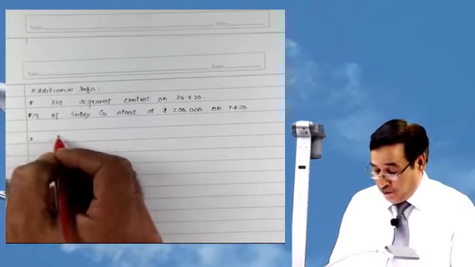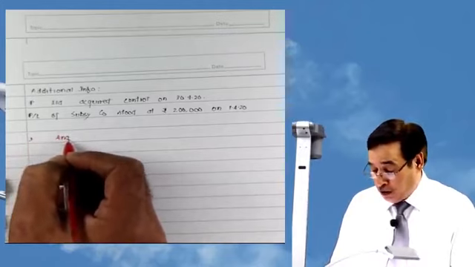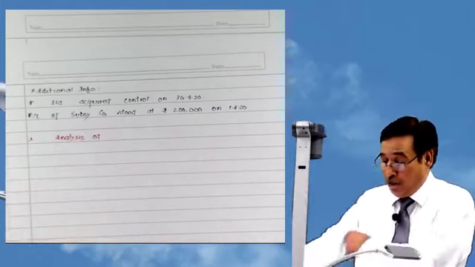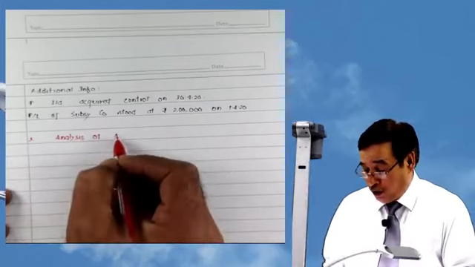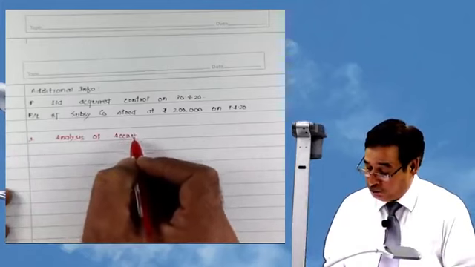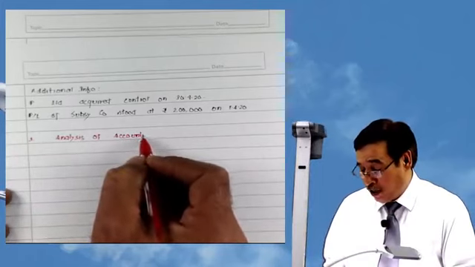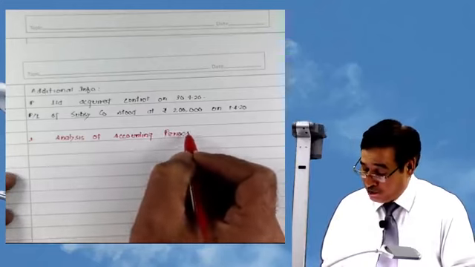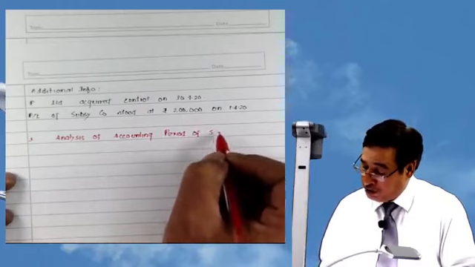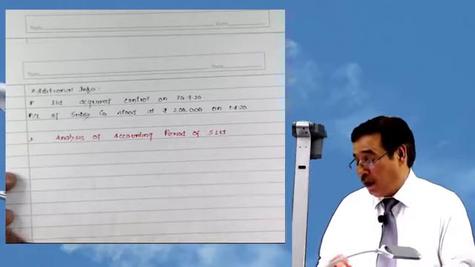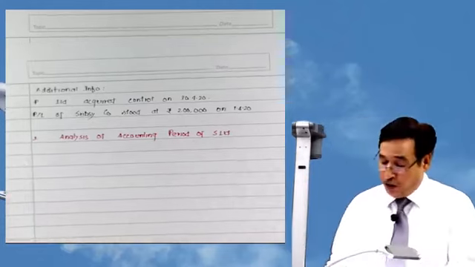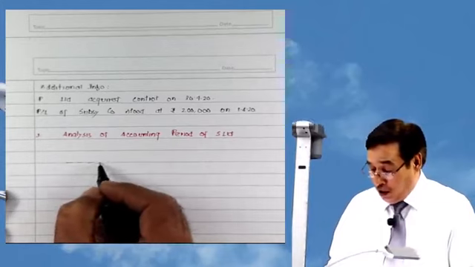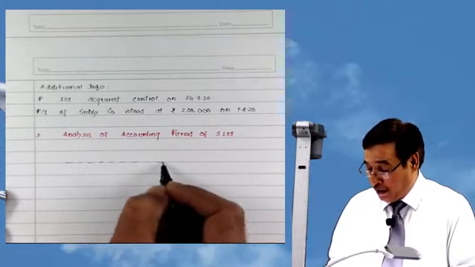The solution now starts: analysis of accounting period of S Limited, the subsidiary. So first of all, we need to analyze the accounting period. In order to analyze the accounting period, all you need to do is first of all, calmly draw a line or stretch a line.